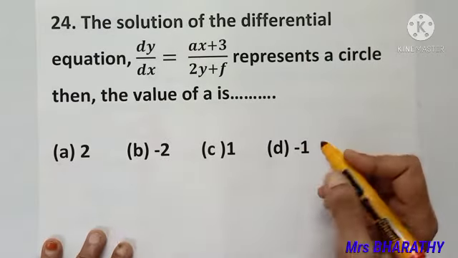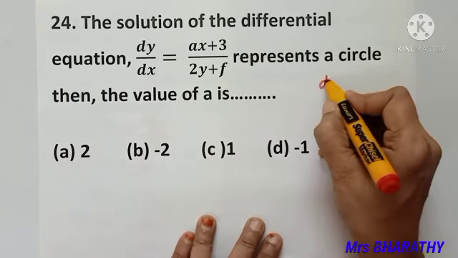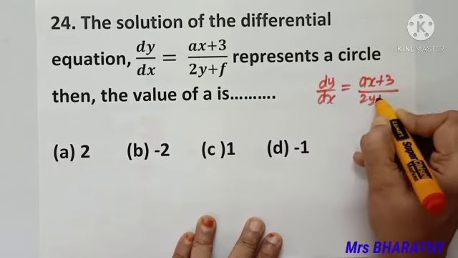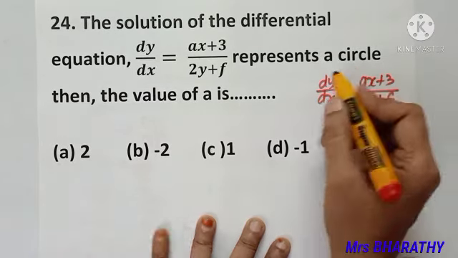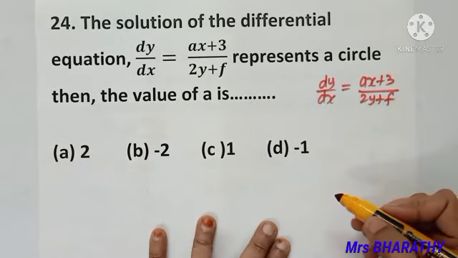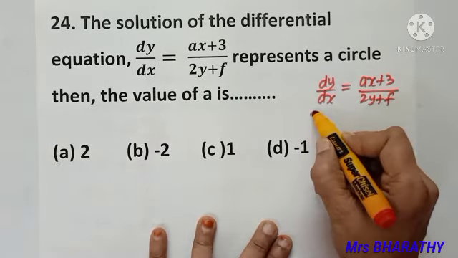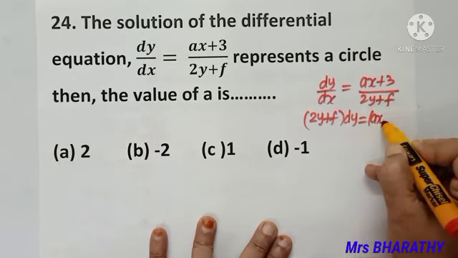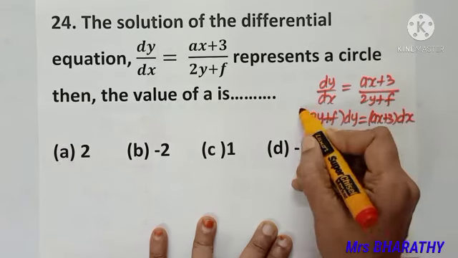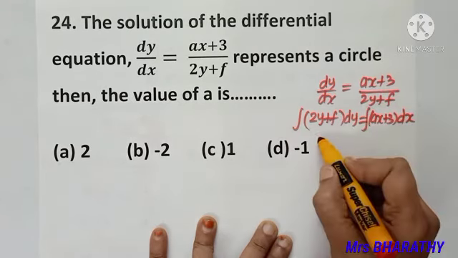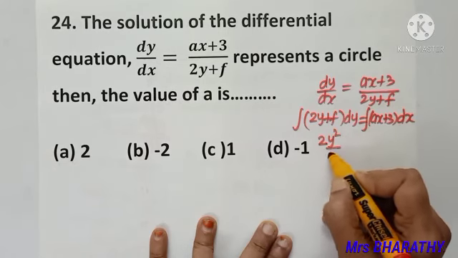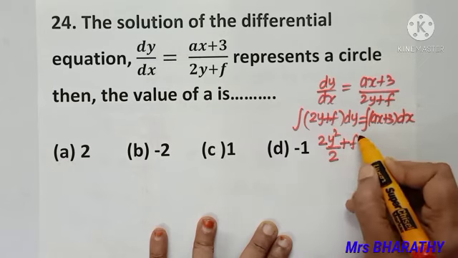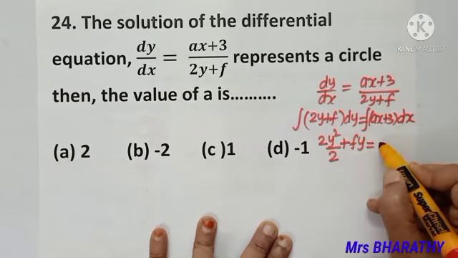Question number 24. Solution of the differential equation dy by dx equals ax plus 3 by 2y plus f represents a circle, then the value of a. As we separate the variables, it is 2y plus f into dy equals ax plus 3 into dx. As we integrate, 2 into y becomes y square by 2 plus f constant, dy tells me fy.